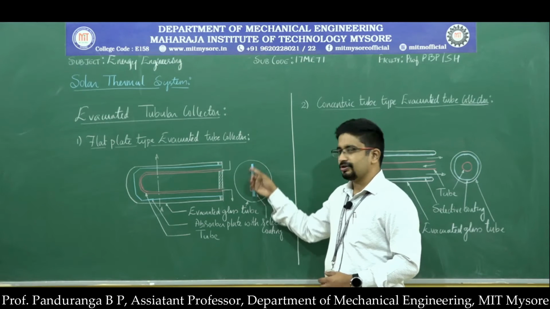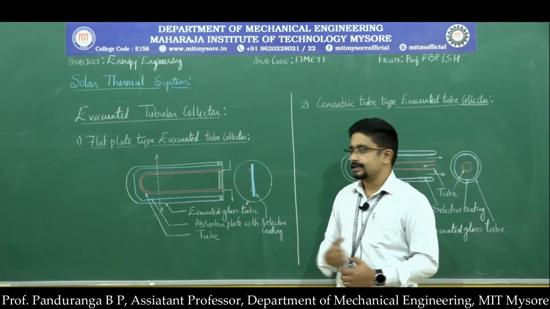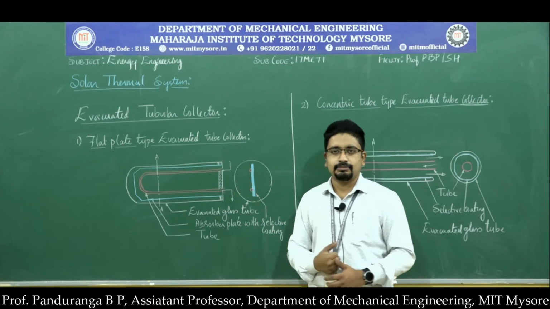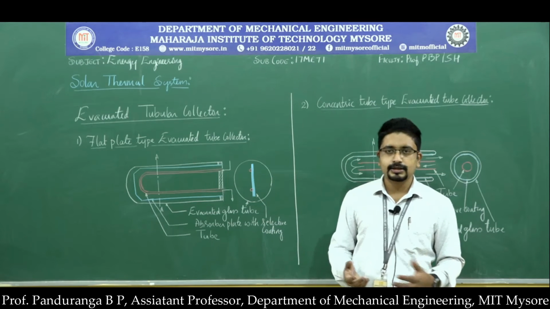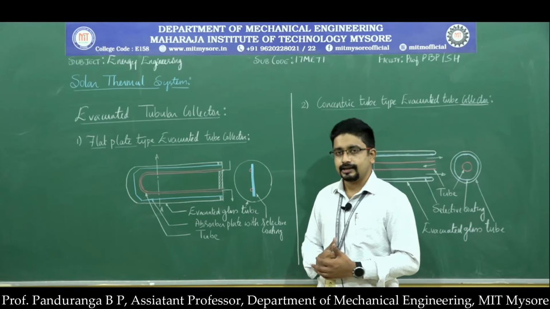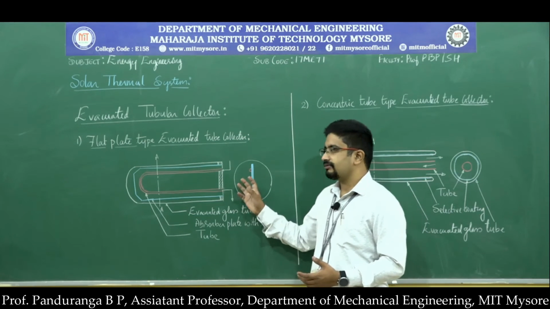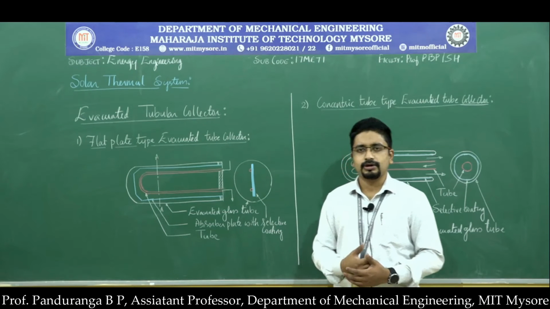As the water flows through the tube, it absorbs a large amount of energy, and since we are providing an evacuated chamber, there will be no conduction or convection, and the amount of heat lost will be reduced. Compared with a flat plate collector, this requires far less energy.